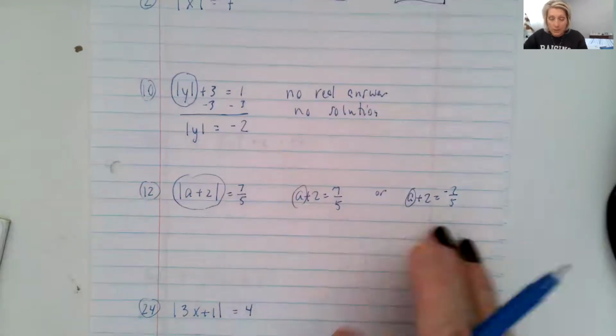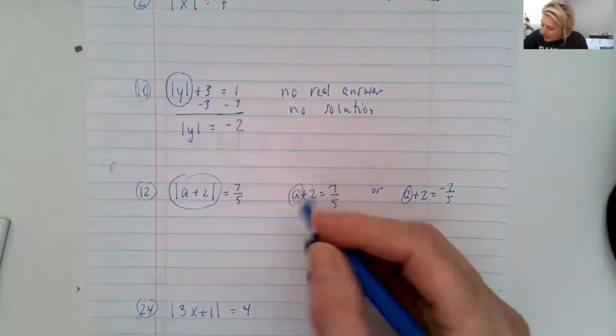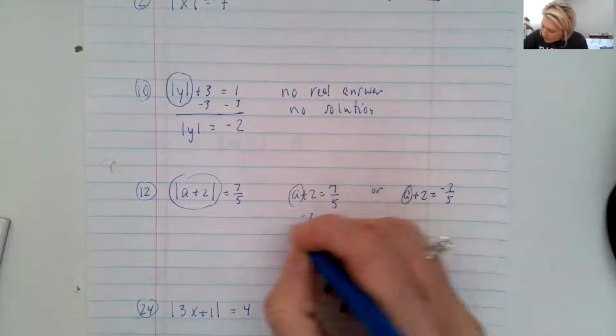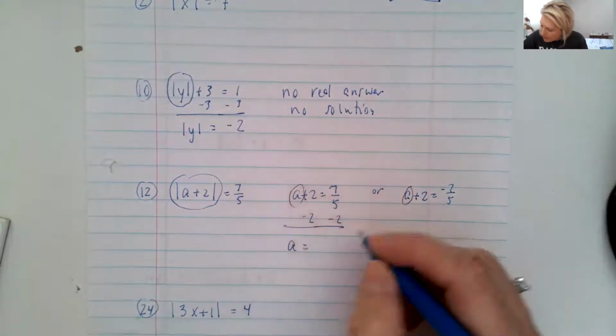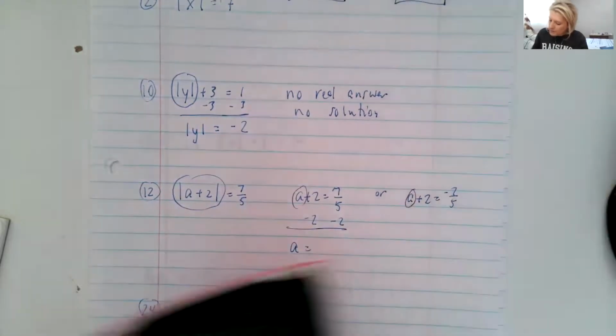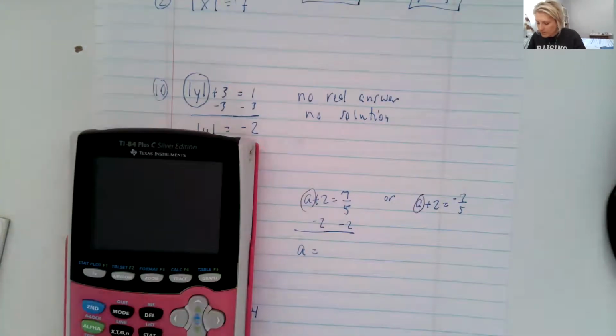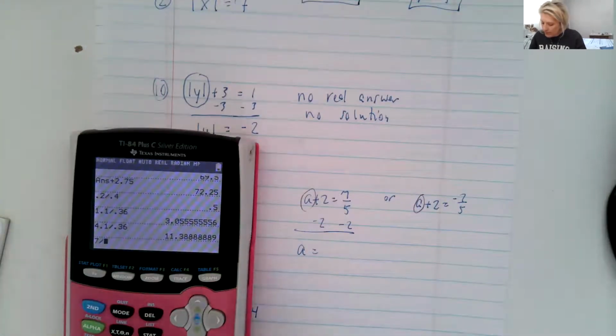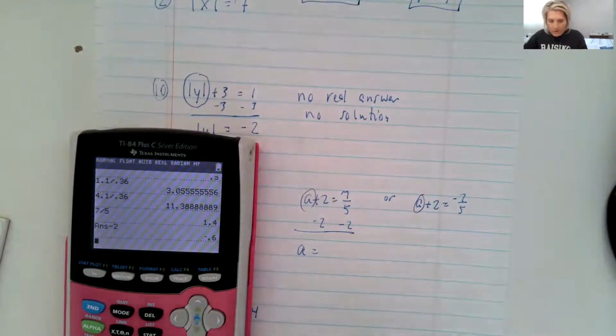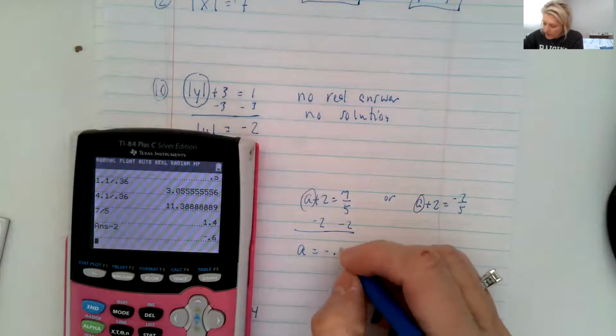We're going to do the same step on both sides: subtract 2 from both sides. So a equals, let's just say 7/5 is 1.4, minus 2, so a equals a negative 0.6.